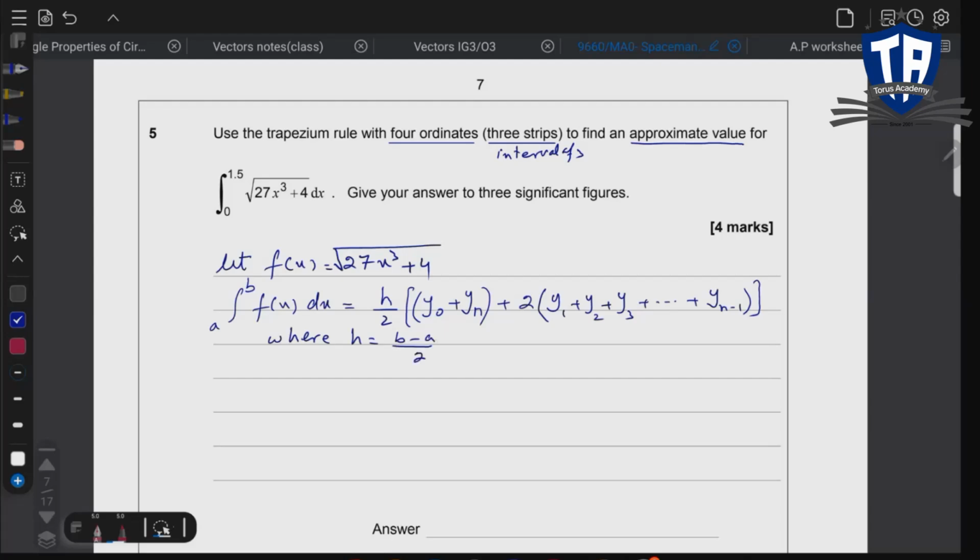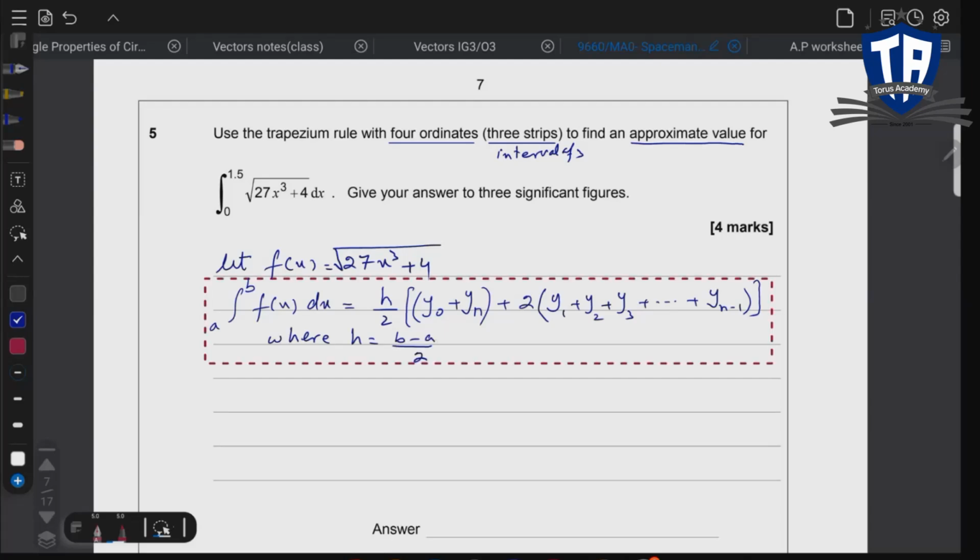The first thing is we'll find the value of h. Upper limit is 1.5 minus lower limit, and we divide it by n. Okay, let me correct the formula: we divide it by the number of intervals. So here we have three strips, meaning three intervals, and the value of h will be equal to 0.5.